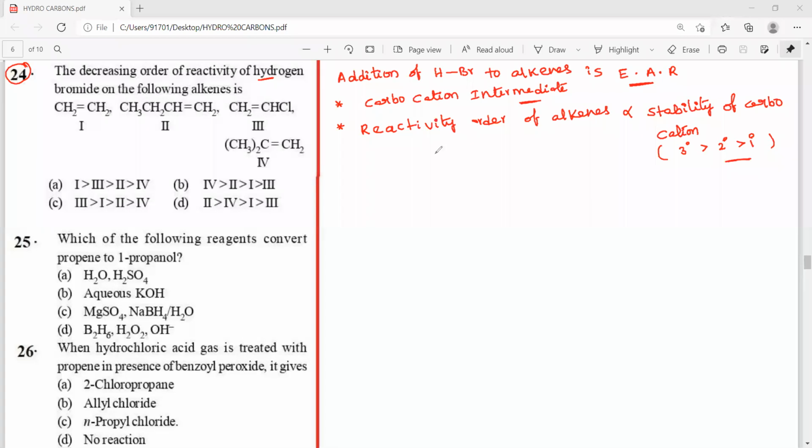Now, if you observe the given four alkenes, the first one, second one, third one, and fourth one. The first one produces a primary carbocation at either carbon. The second one can produce a secondary carbocation.